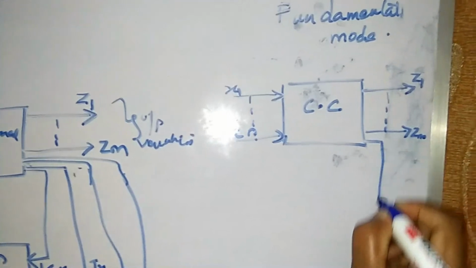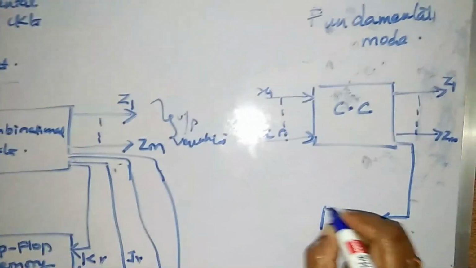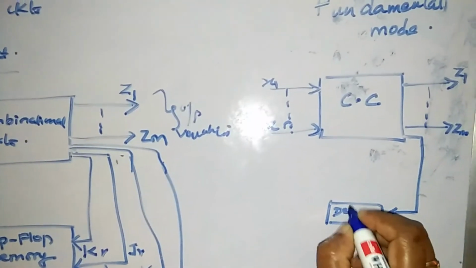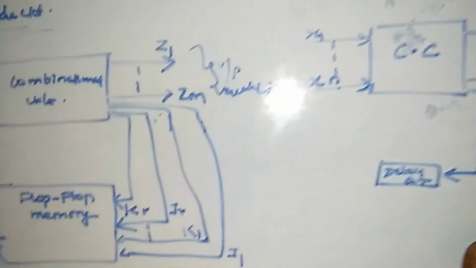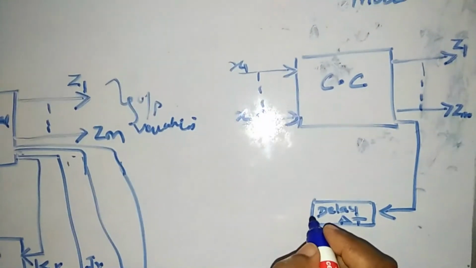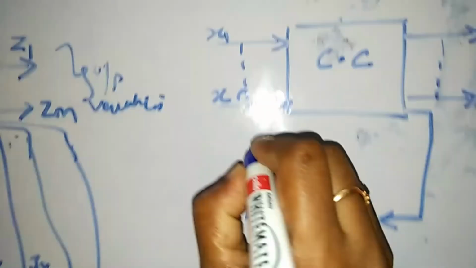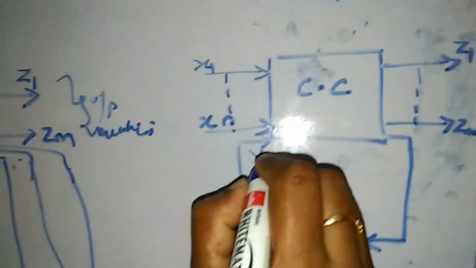Here I have the feedback given through a delay element, say delta t. There we saw it was the flip-flop memory element. Here it is the delta t, that is the delay, and that is being given as yr.